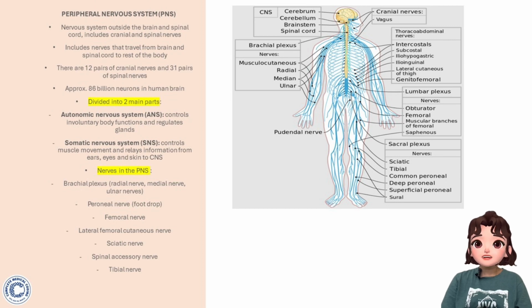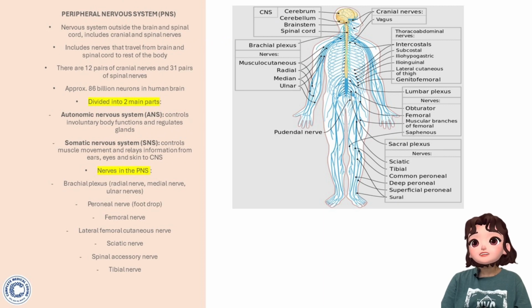Central nervous system CNS, autonomic nervous system ANS, somatic nervous system SNS. The autonomic nervous system controls involuntary body functions and regulates glands. The somatic nervous system controls muscle movement and relays information from the ears, eyes and skin to the central nervous system.